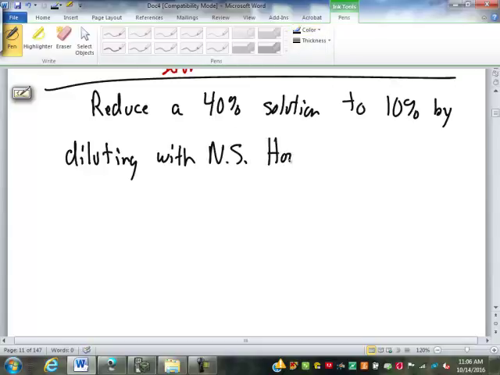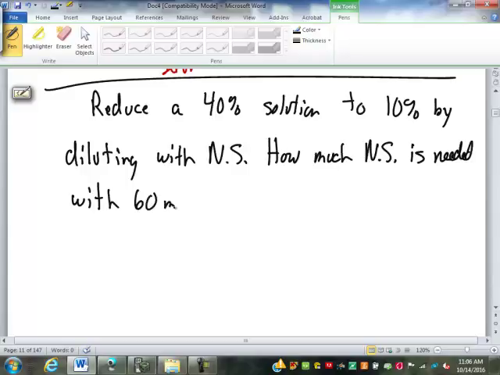So our question: how much NS is needed to mix with 60 milliliters of the 40% solution?